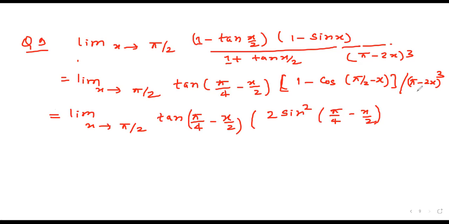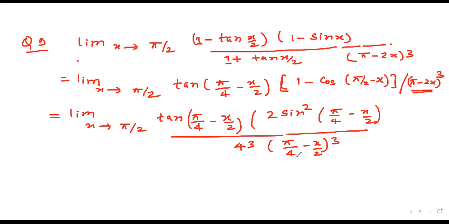And from here, if we take common 4 cube, then this will become pi by 4 minus x by 2 whole cube.